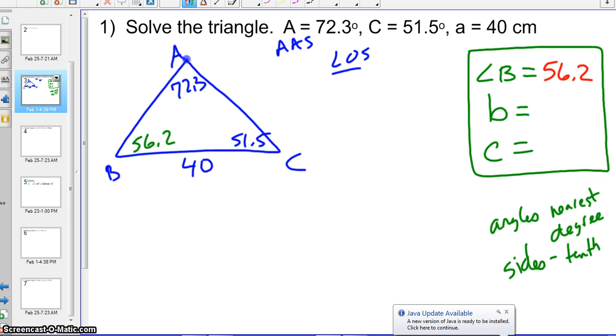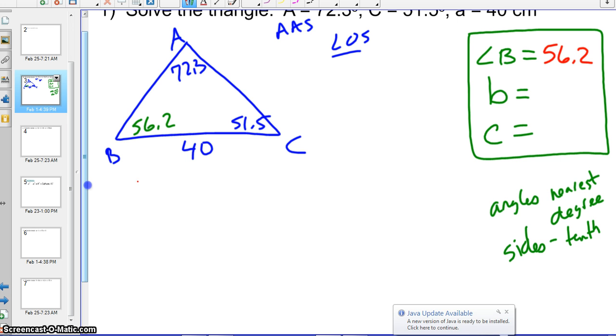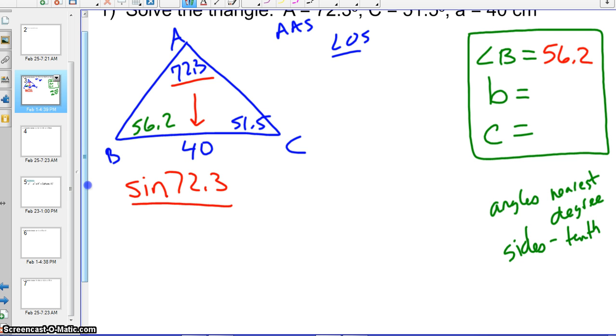Now bringing in the law of sines, we can take our information on the sine of angle A, 72.3 degrees, divided by side 40 is equal to, and then we can pick whichever side we want to solve for first.